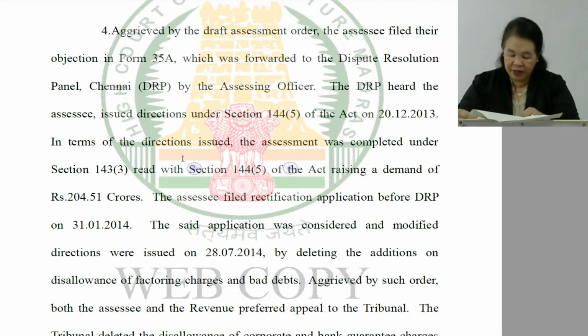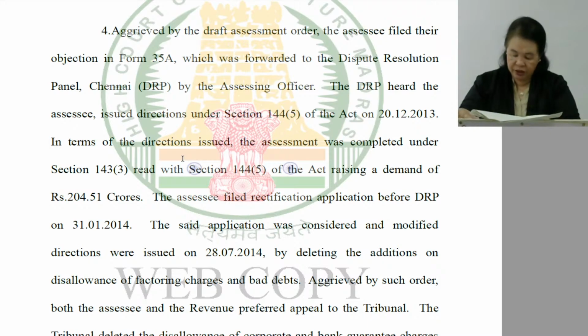In terms of the direction issued, the assessment was completed under Section 143 of the Act, raising a demand of 204.51 crores. The assessee filed the rectification application before the DRP or Dispute Resolution Panel. The said application was considered and modified.